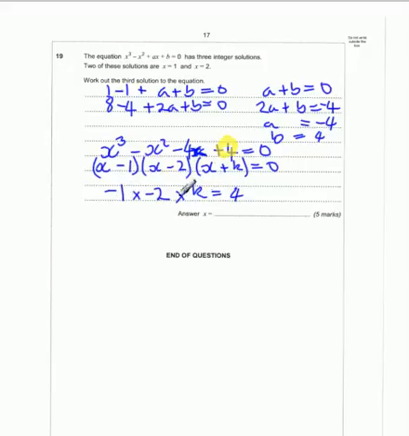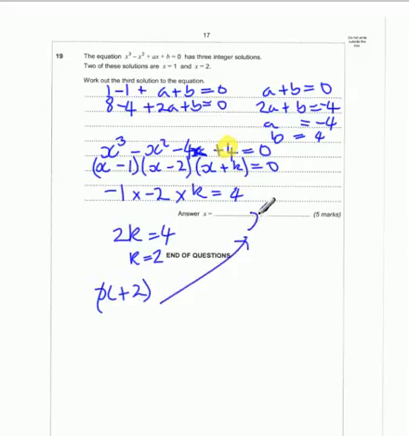The only value that is going to work for this is, well, if we simplify it, we get 2k equals 4, so k equals 2. So what we've worked out is this last bracket is x plus 2, and that is one of our factors. So the solution that we get from this is x equals minus 2.